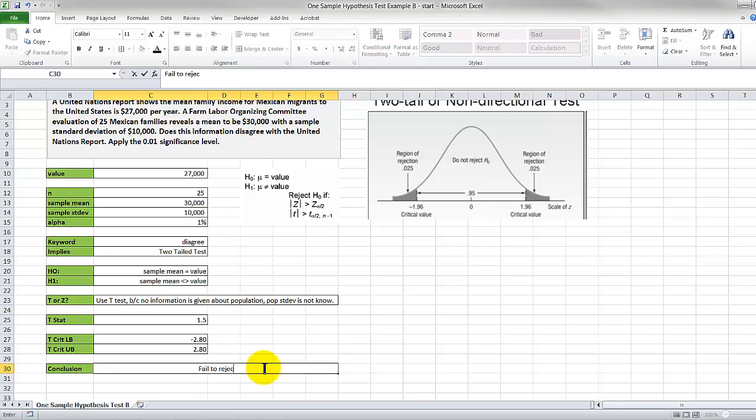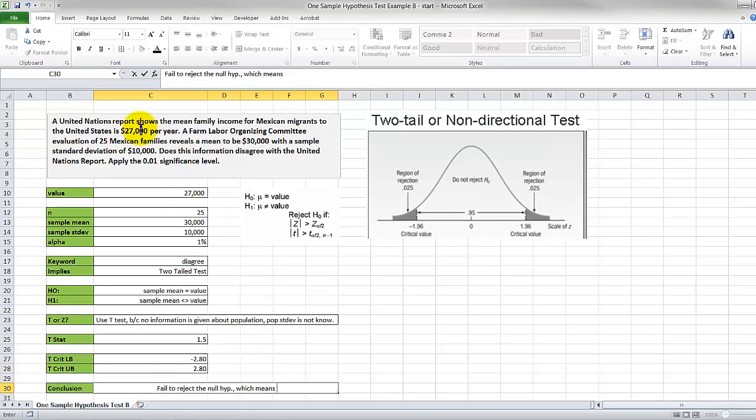Fail to reject the null hypothesis, which means essentially that the United Nations report is statistically equal to the Farm Labor Organization committee evaluation. So let's try to summarize that: the two reports are statistically equal. That's what that means.